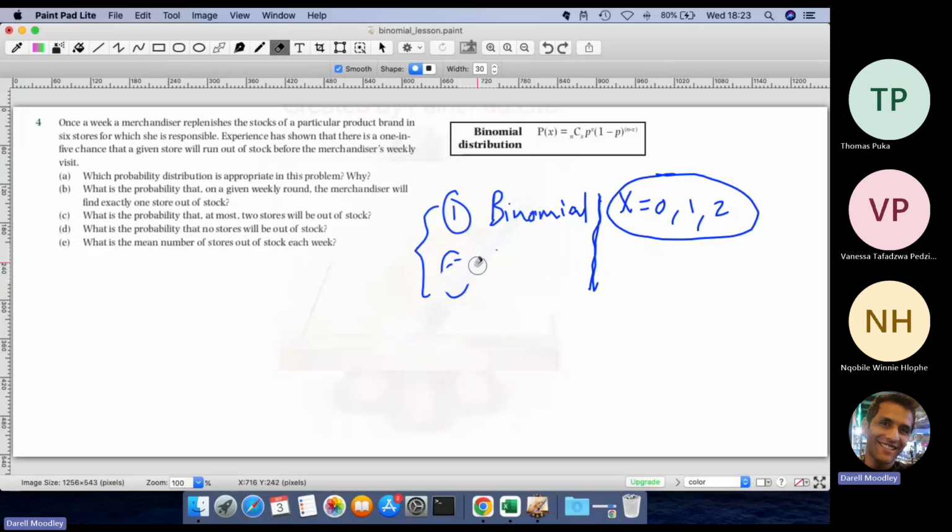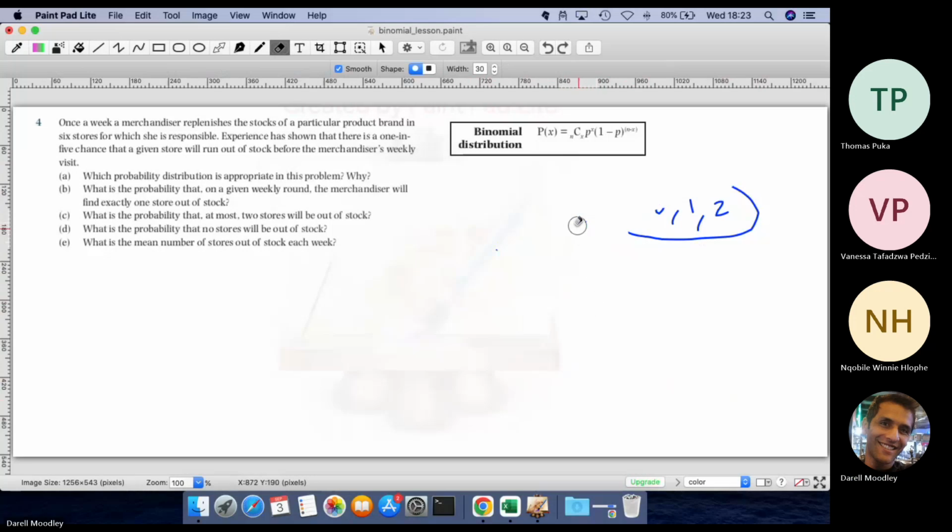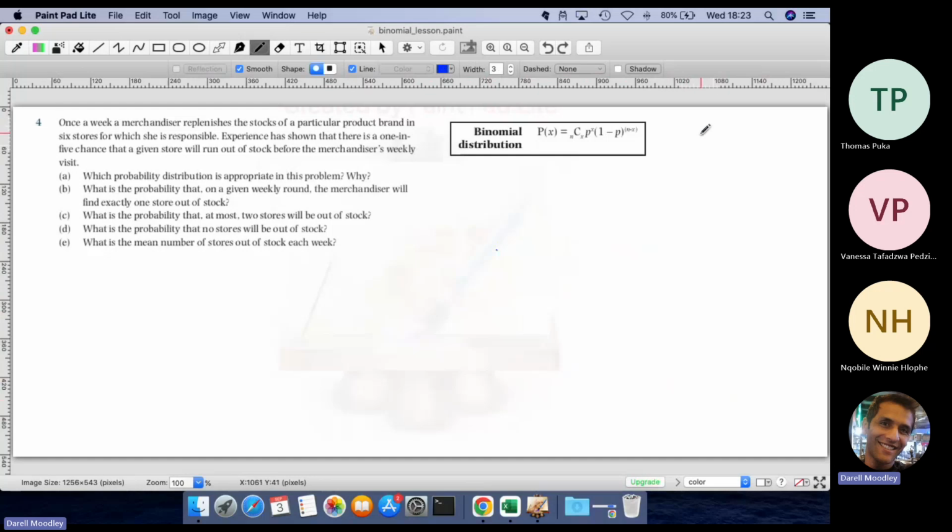So let me just take out this Poisson here. I'll tell you what I mean by this. For a binomial distribution, you get to use the equation I've shown you on the top right. You don't have to memorize it. It's in your formula sheet. Even in the exam, the formula is going to be given to you. You're not expected to memorize it. And we'll go through what this equation is all about.